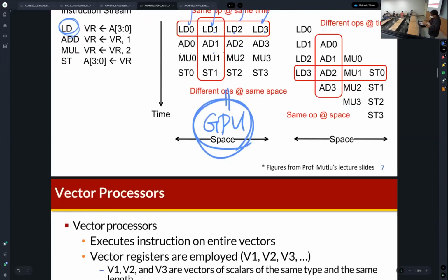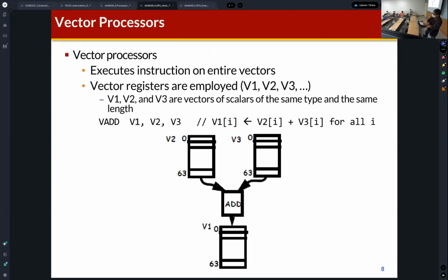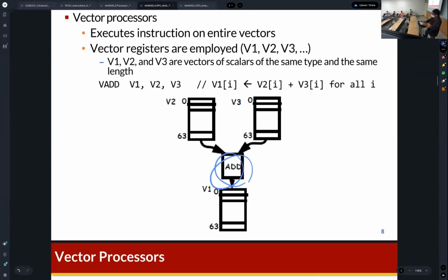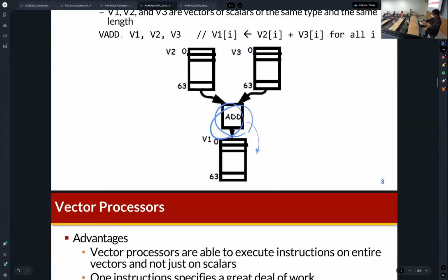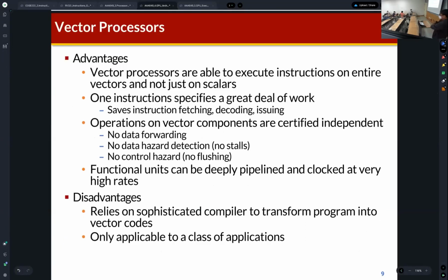I already explained the architecture of the vector processor like this: there is a single operation engine, and it receives the elements of vector data with pipelining, and sequentially the results are generated. Sometimes we also call array processors vector processors, because array processors also support vector type instructions.